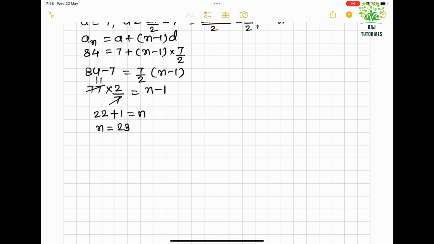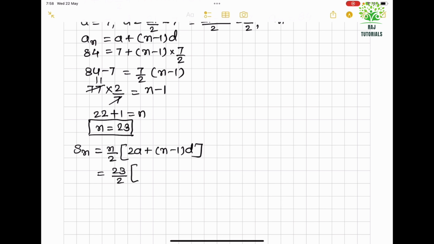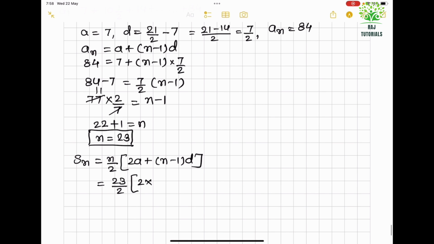Now n I have got, so now I can find Sn. So Sn equal to n by 2 into 2a plus (n minus 1) d. So 23 by 2 into (2 into a, which was 7, plus 23 minus 1, which is 22, into d, which was 7 by 2).